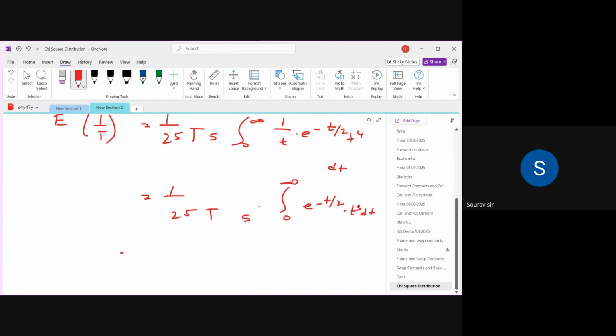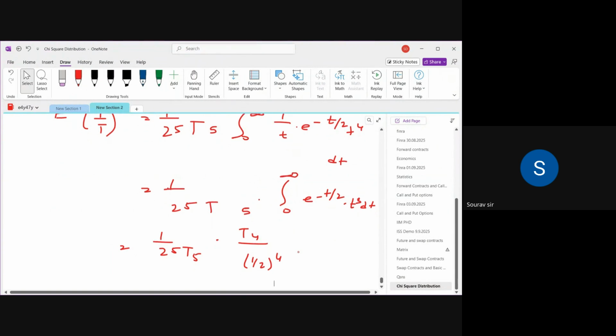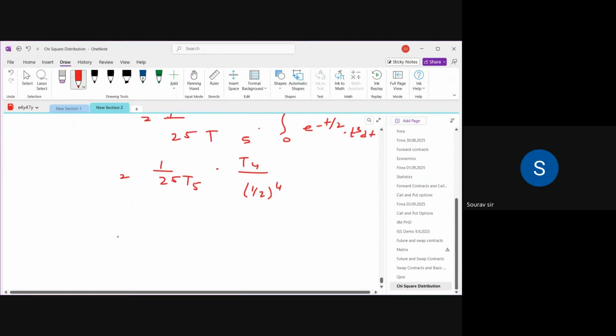Okay, so that is 1 by 2 to the power 5 gamma 5, gamma 4 times 2 to the power 4, so that is equivalent to 4 by 4, which is equal to 1 by 8.